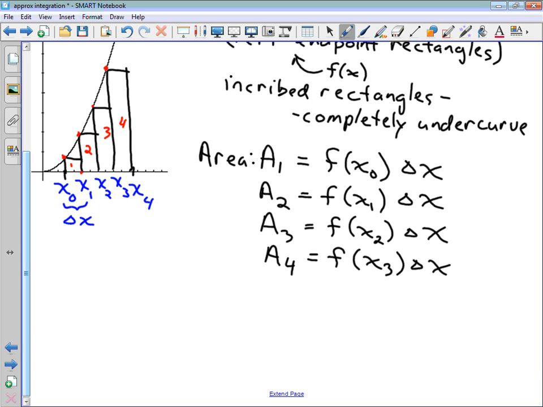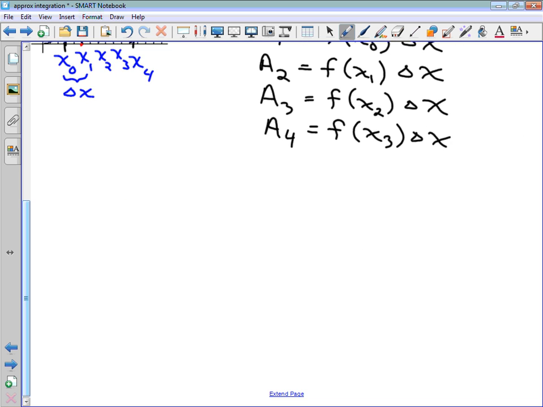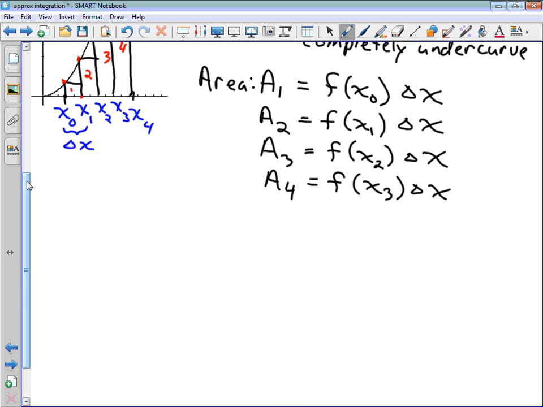So what's our area going to be? Well, we can just say that our total area under our curve is going to equal the sum from 1 to n of our function evaluated at, let's see, what's our pattern here? We go 0, 1, 2, 3.